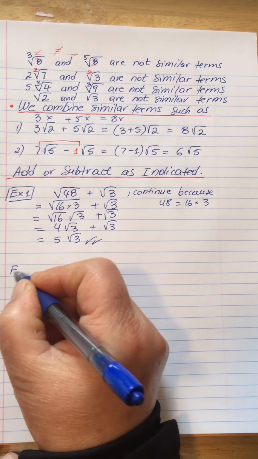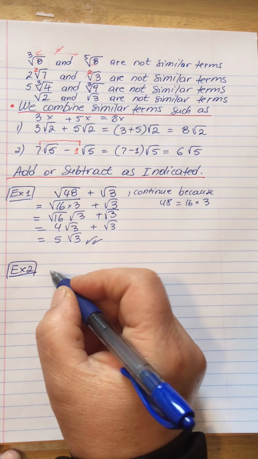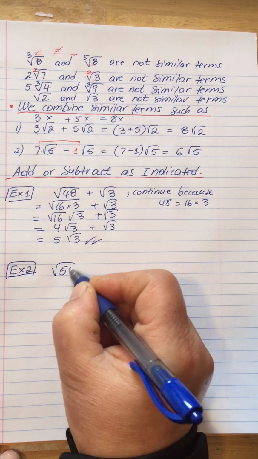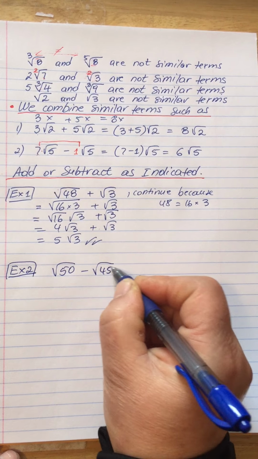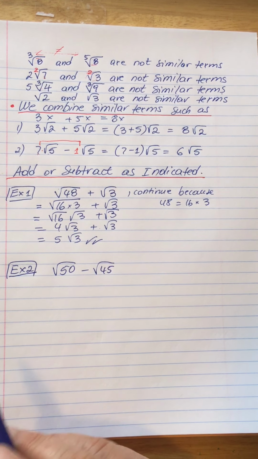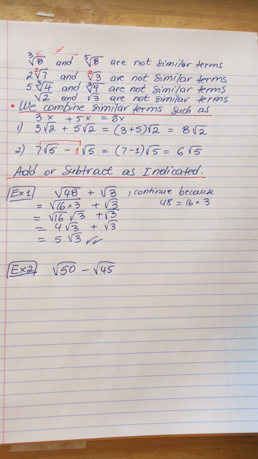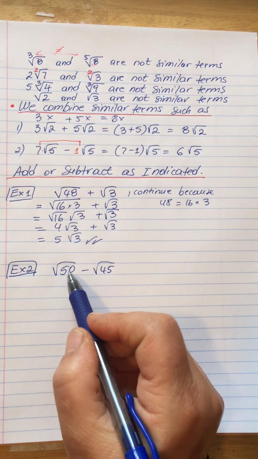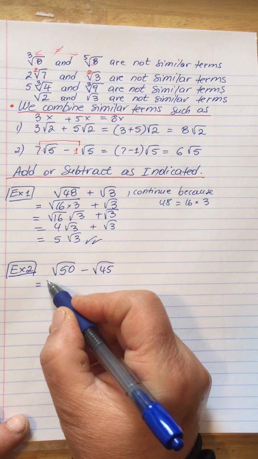Example 2. The square root of 50 minus the square root of 45. So in the first step, I say that I cannot combine, but I will simplify both radicands. What is 50? 50 is 25 times 2.